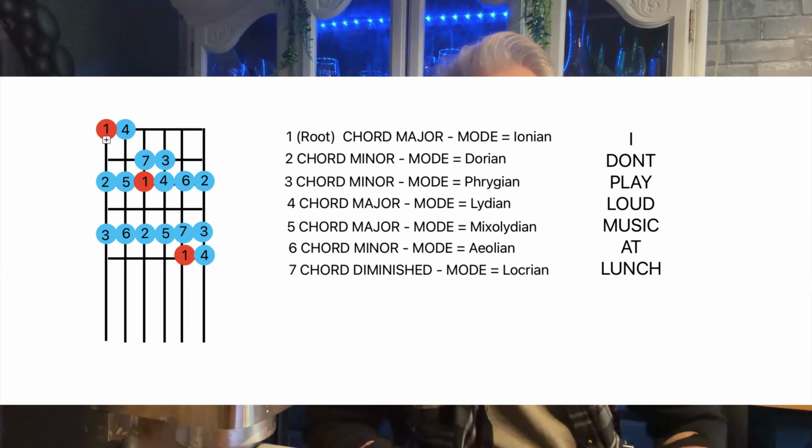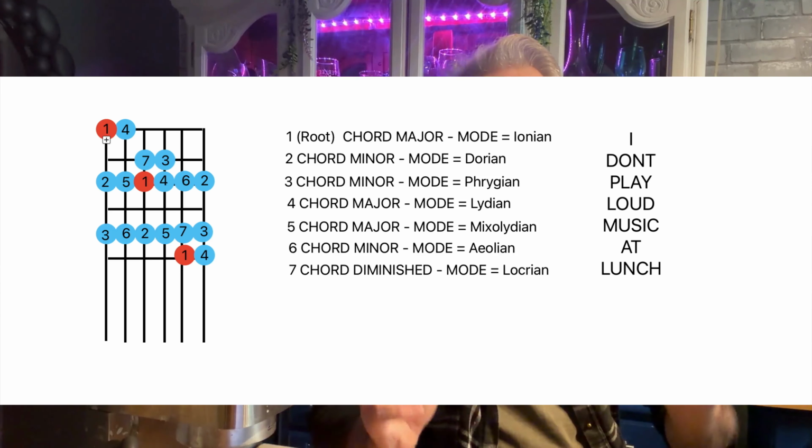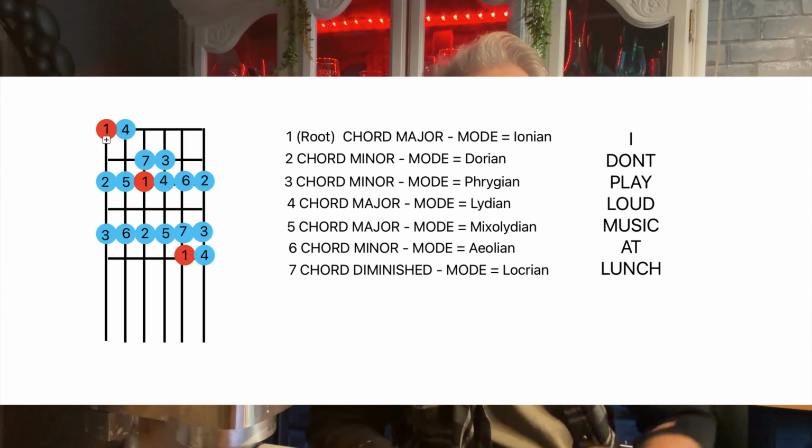So I've put this video together to try and simplify things, because basically modes are just different aspects of the humble major scale, or in this case we're doing the main major modes. I've put together a diagram, which I put on the screen now, and you might want to pause and take a screenshot of that because I'm going to be referring to it.